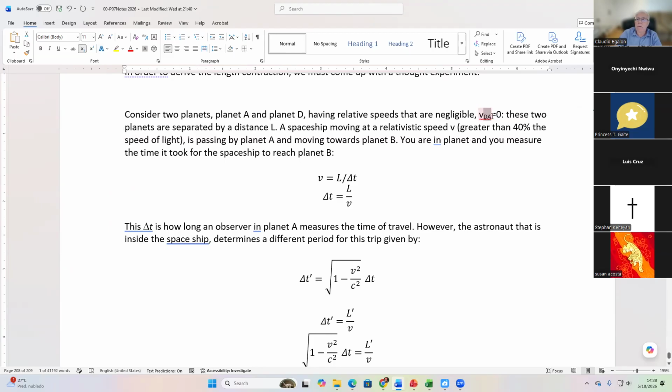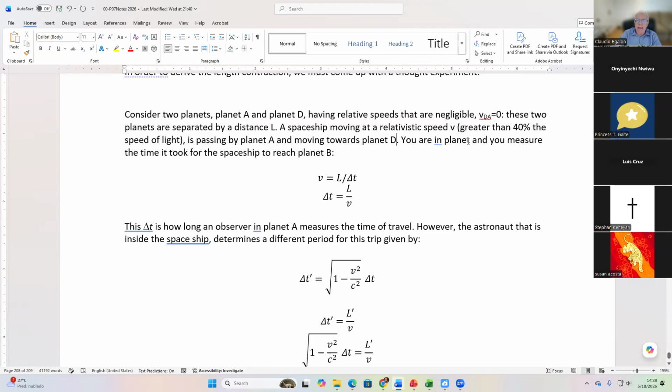These two planets are separated by a distance L, and a spaceship moving at a relativistic speed V greater than 40% the speed of light is passing by planet A and moving towards planet D.